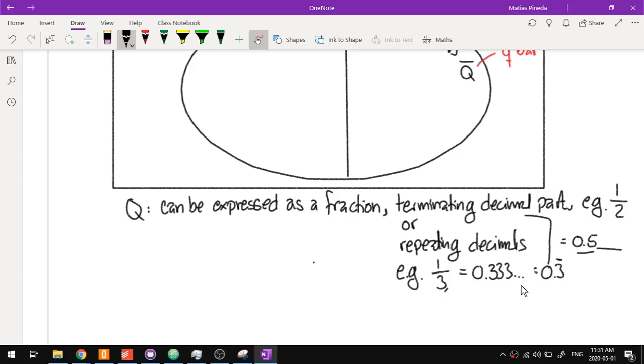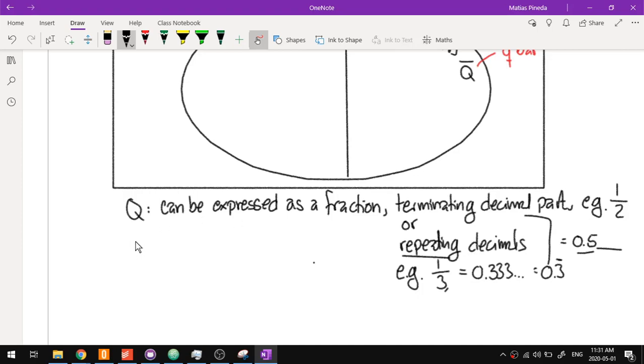So 1/3, 0.3333, is not a terminating decimal. These 3's go on forever, but they are repeating. Okay, so as long as we have either a terminating decimal part, or if it's not terminating, the decimal part is repeating, there's a pattern in the decimal part that's repeating, we're talking about rational numbers.